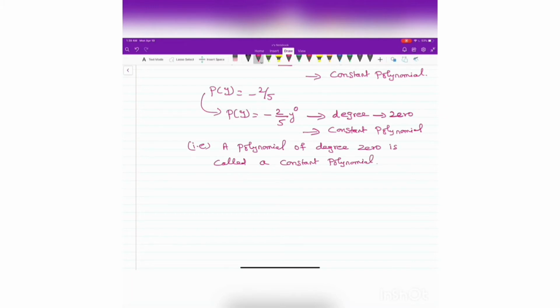Okay. Now the last one, F. Zero polynomial. Just consider f of x is equal to 0.